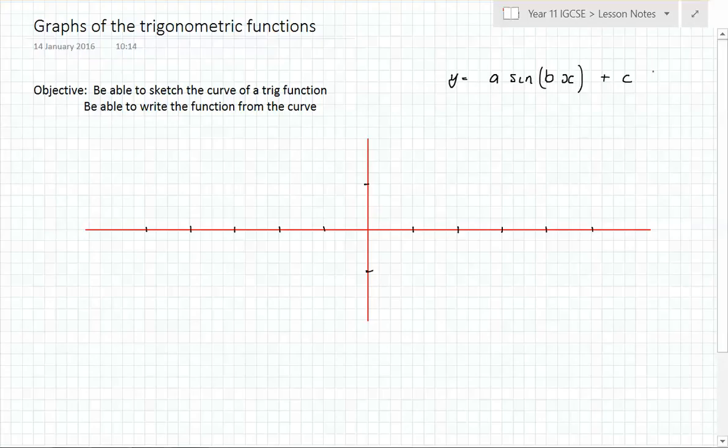First off is maybe sketch the curve, given a function. You're going to have to be able to identify all the components of the curve from the function. So you need to know what A, B and C do. And then of course, if you can do that, you'll be able to do the other one, which is you look at the curve and write the function.